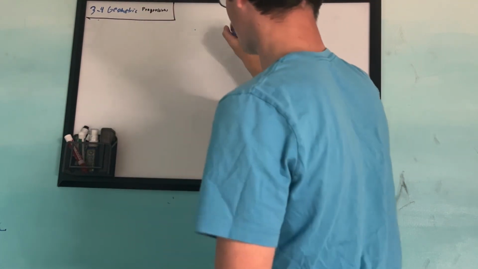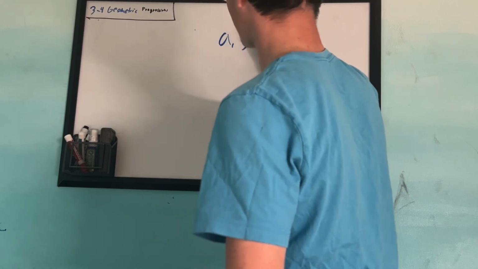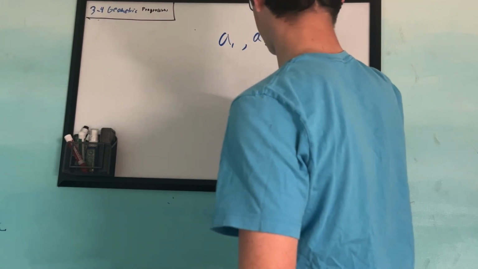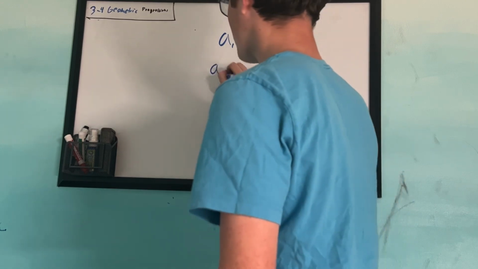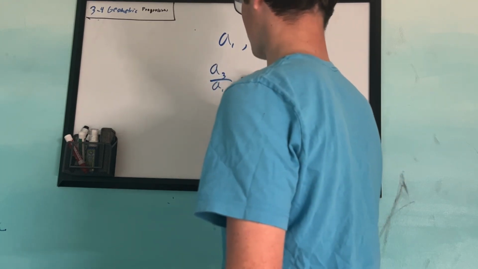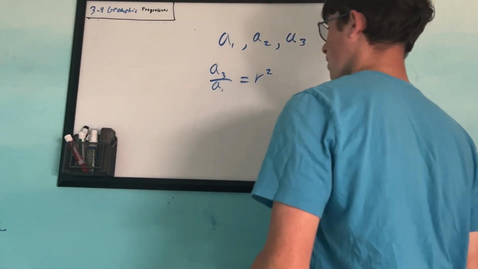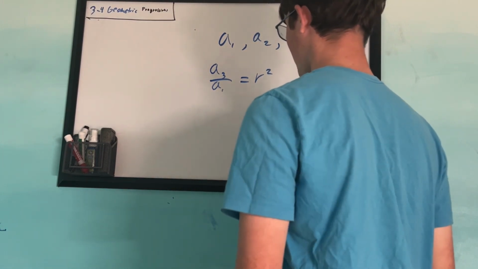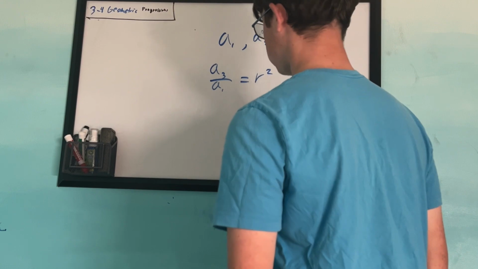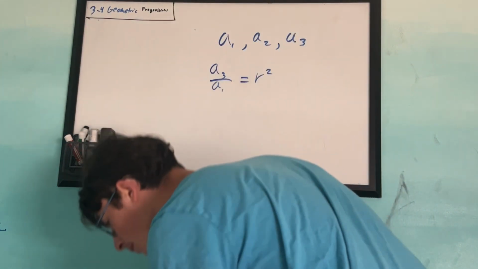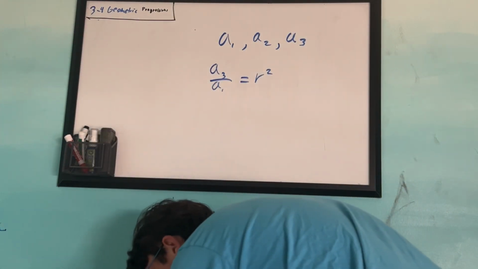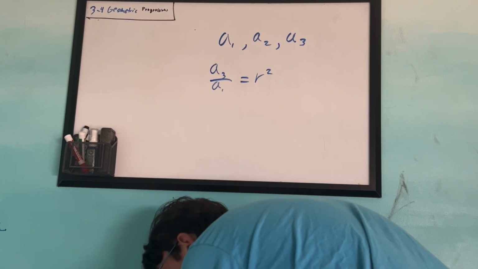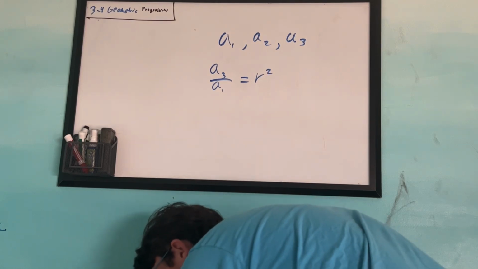Okay, well, we had just a1, a2, a3. Remember, a3 over a1 equals r squared.